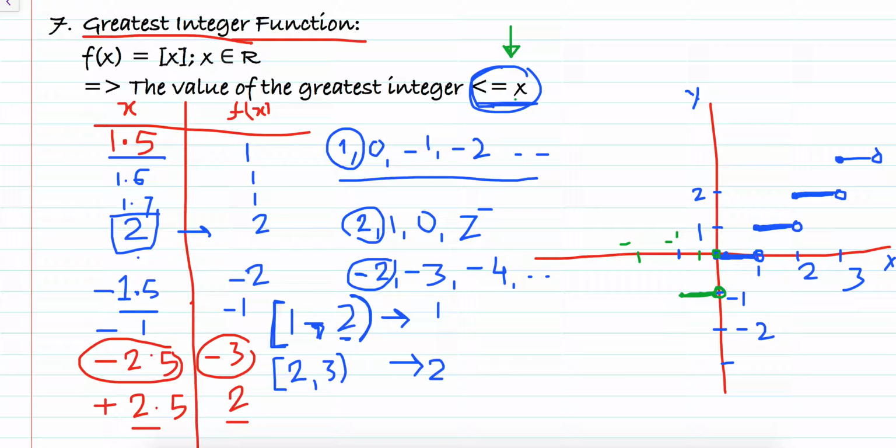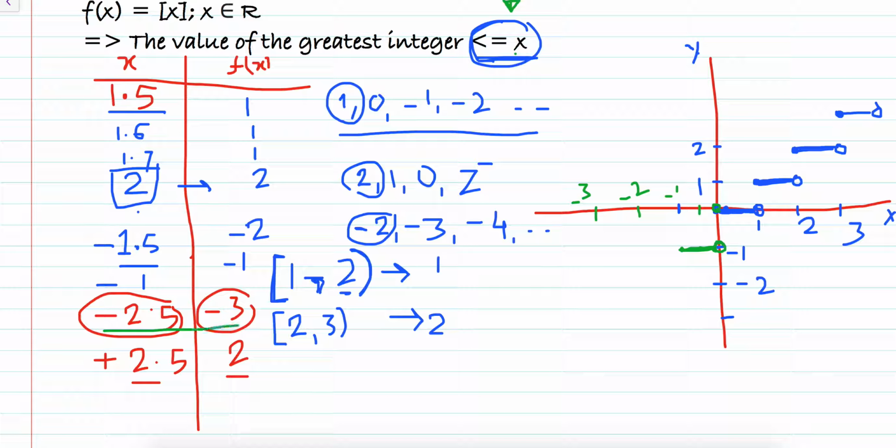And then this is minus 2, minus 3. So for minus 2.5 it's minus 3, and for minus 1.5 it will be minus 2. At minus 1 it's not minus 2, so we will draw a hollow circle here, and from here till minus 2 we will draw this.